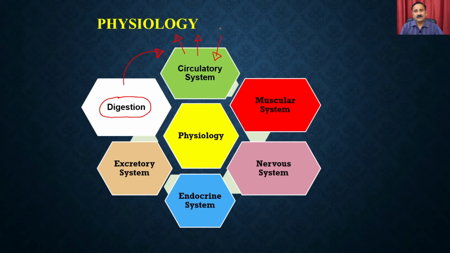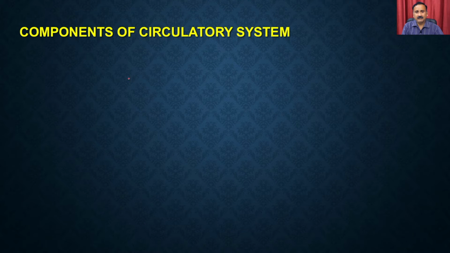While we were discussing the circulatory system in the previous lecture, we discussed the machinery. In the circulatory system we have three components. We require a pump, and that is called the heart.